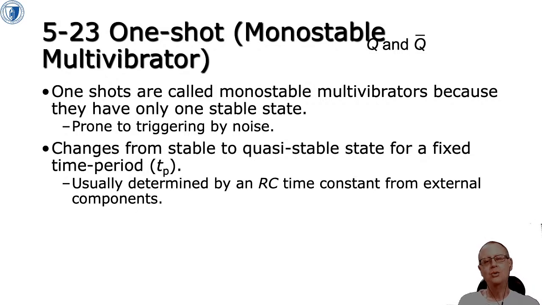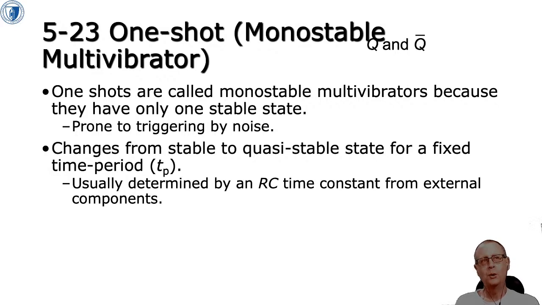The way you turn an input that goes from 0 to 1 back to 0 into something that stays at 1 is through what's called a one-shot, sometimes called a monostable multivibrator, right?